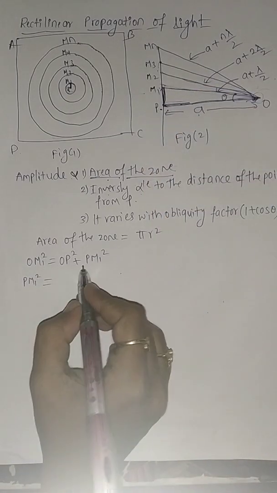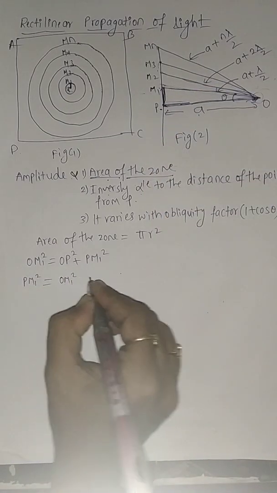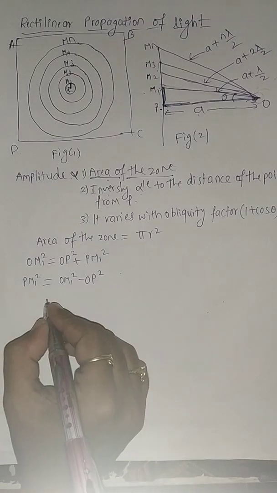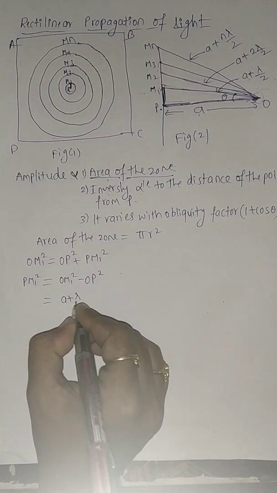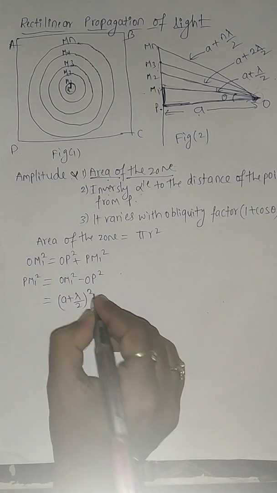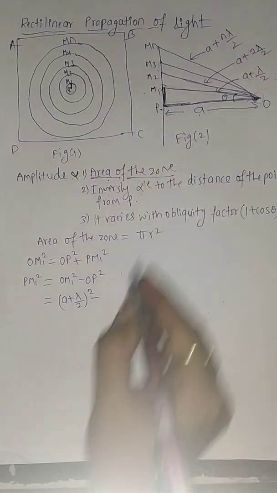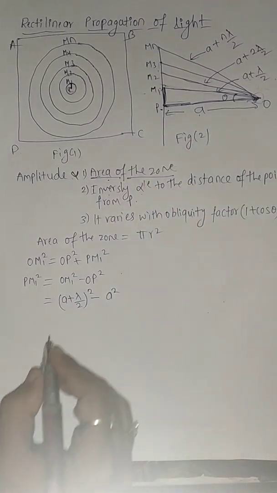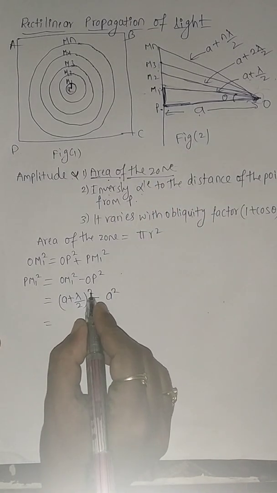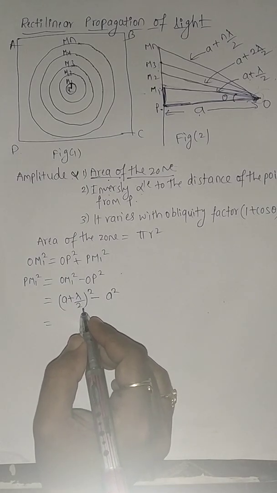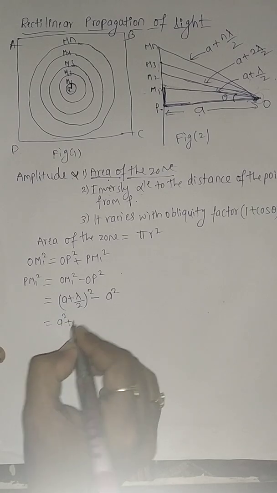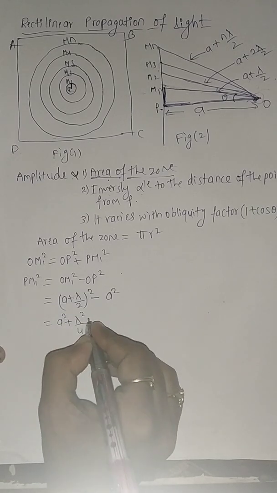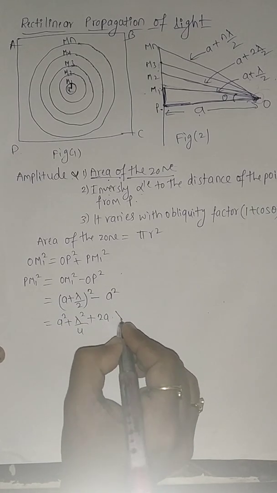So PM1 square is equal to OM1 square minus OP square. What is the OM1 value? A plus lambda by 2. Substituting, A plus lambda by 2 whole square minus OP square, and OP means A, so A square. Now we should apply the A plus B whole square formula here. If you apply it, what answer do you get? A square plus b square plus 2ab.